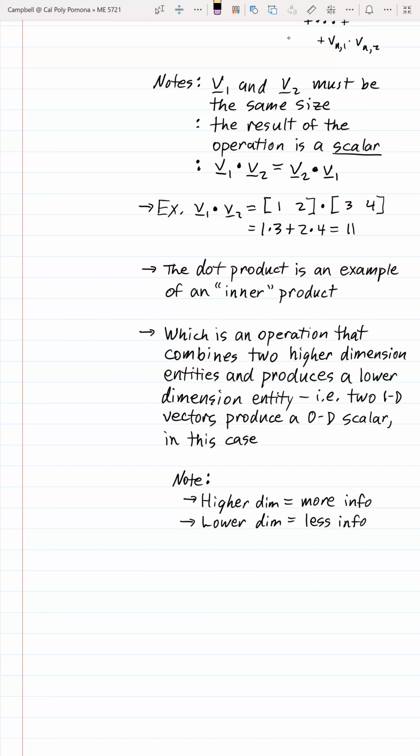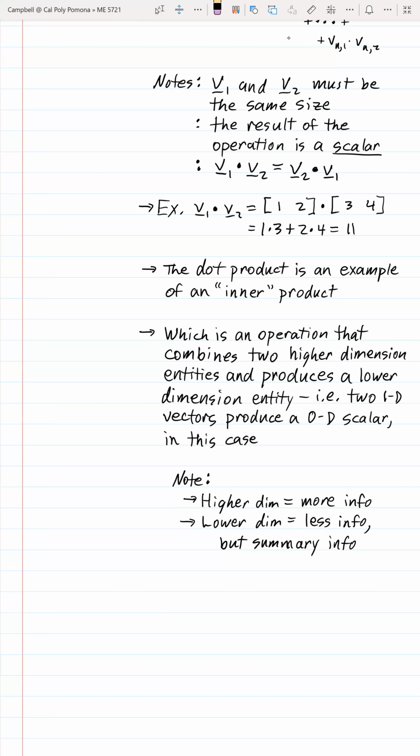So less info, but specific summary information, and summary information that has, in some cases, very important physical significance, at least for us.